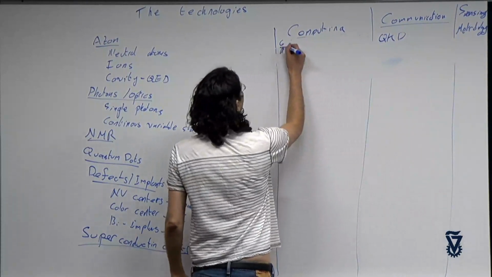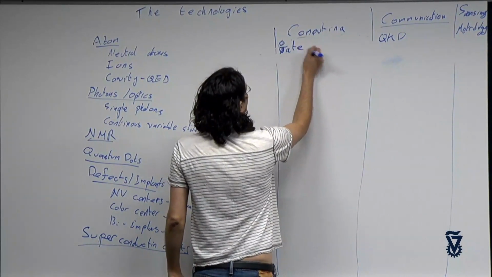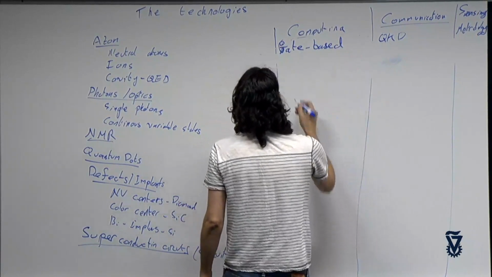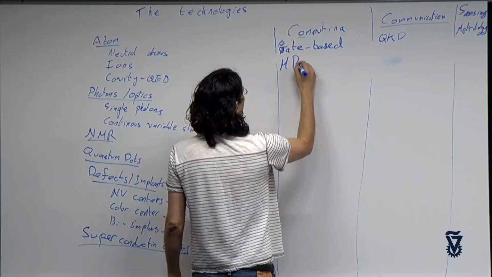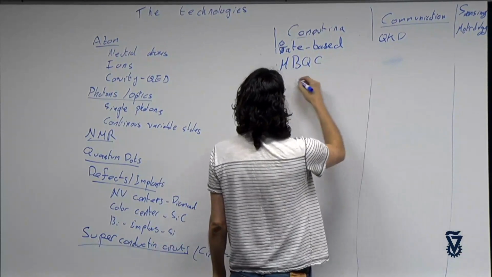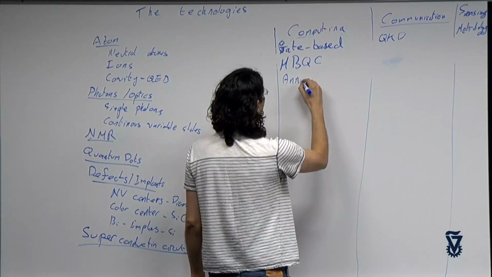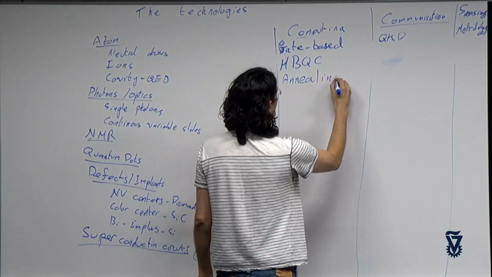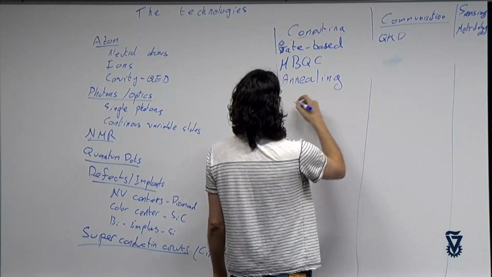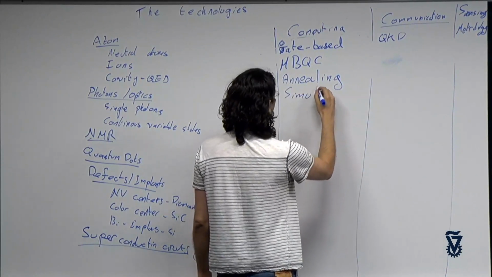But basically what I wrote here is, maybe I'll lower that, rewrite it. Gate-based, measurement-based quantum computing. What else did I have? Put annealing and simulation, right?